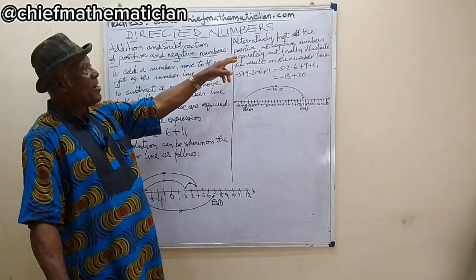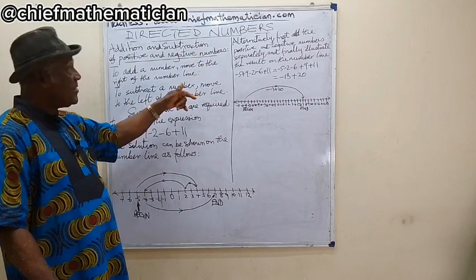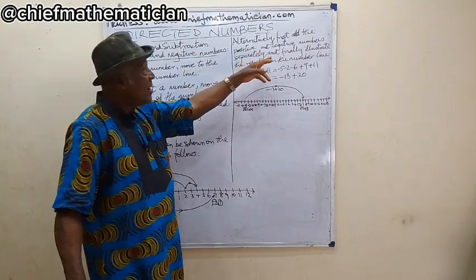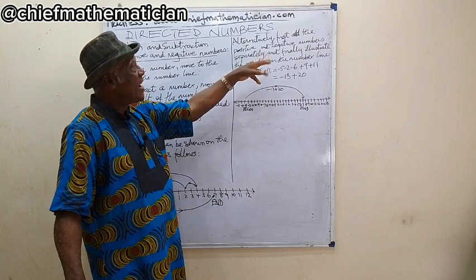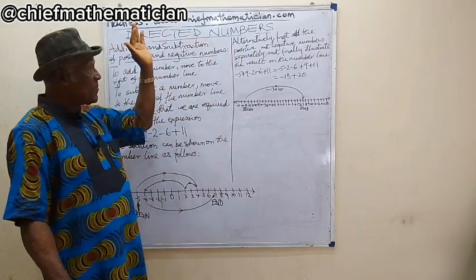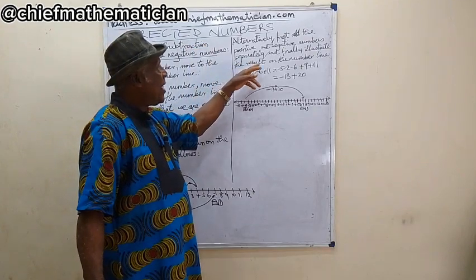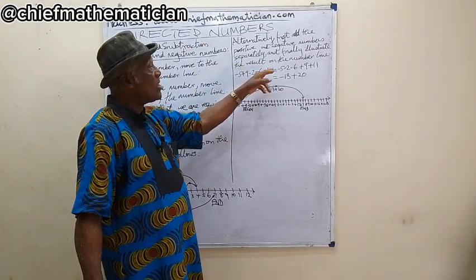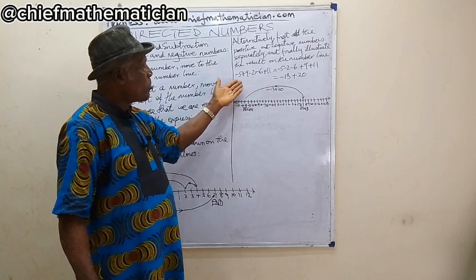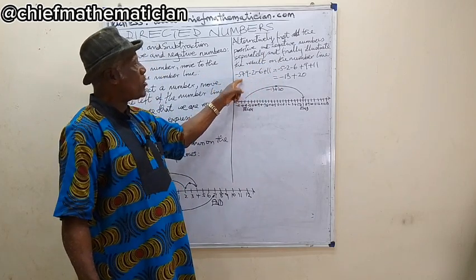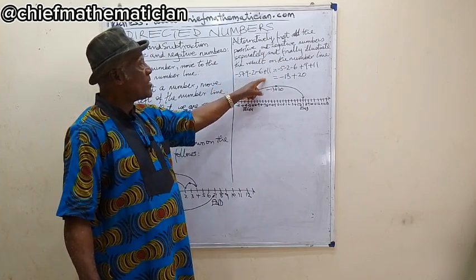Alternatively, we first add the positive and negative numbers separately. And finally, illustrate the result on the number line. This is what we are given. Minus 5 plus 9 minus 2 minus 6 plus 11.